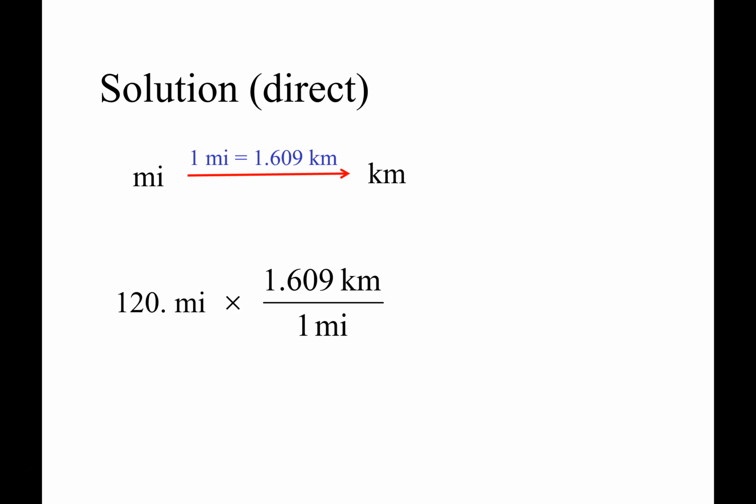Yep, we're going to put the 1.609 kilometers over the 1 mile. So units of miles cancel. How many sig figs do I need to round it to? Three, very good. So did you get this number? The number rounded to three sig figs is 193. And of course the only units that we have are kilometers.